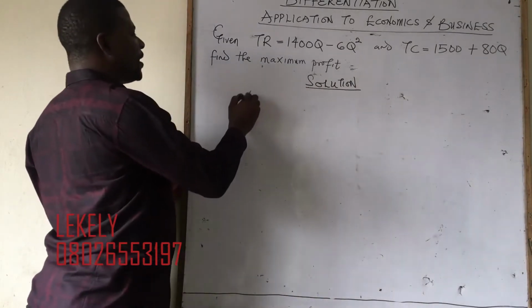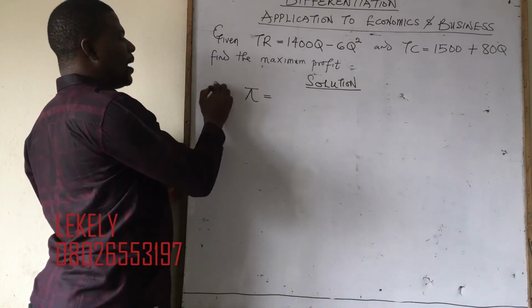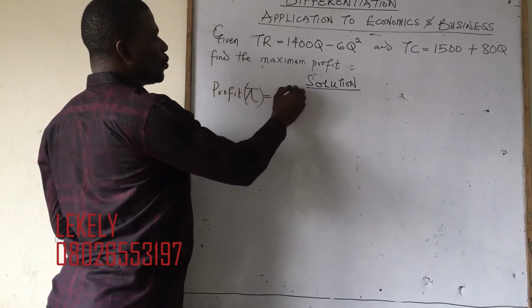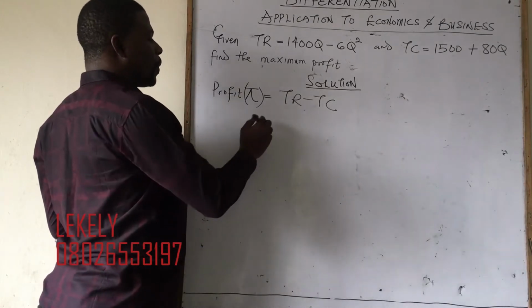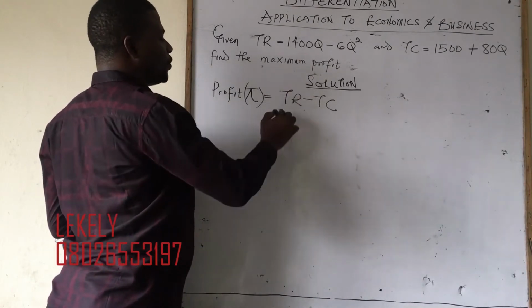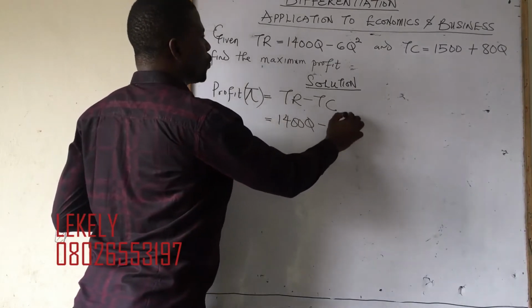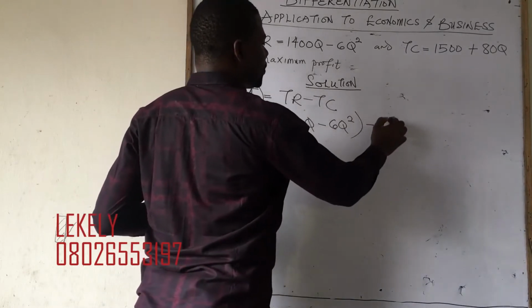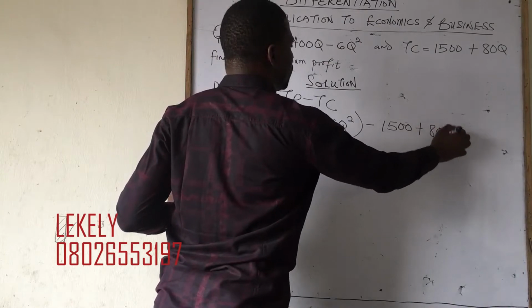Don't forget that your profit, which is always represented by pi, is total revenue minus total cost. So our total revenue is 1400q minus 6q squared, then minus total cost, which is 1500 plus 80q.